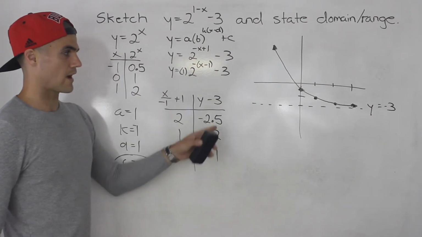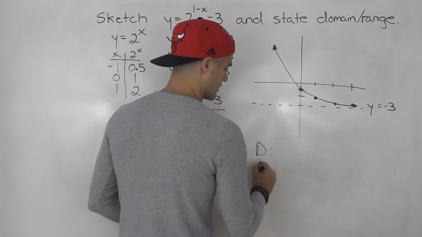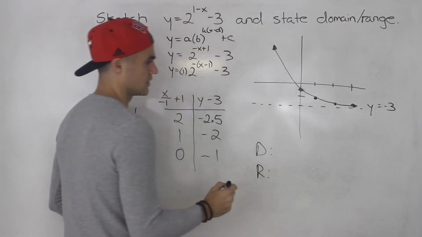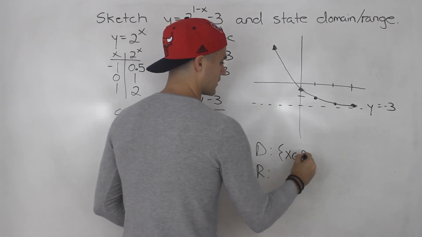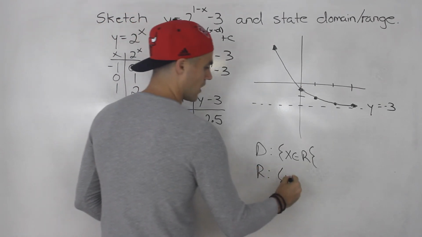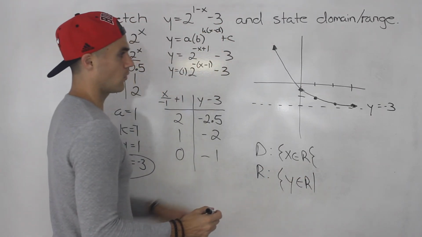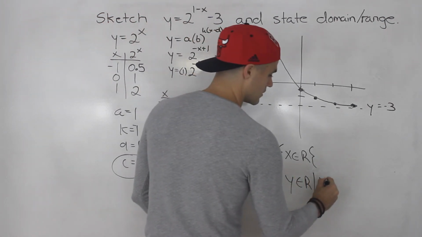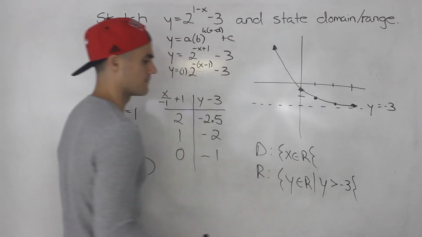So once we have our graph, it's really easy to state the domain and the range. The domain in this case is what? x is an element of the real numbers. The range is y is an element of the real numbers, but y has to be greater than -3.